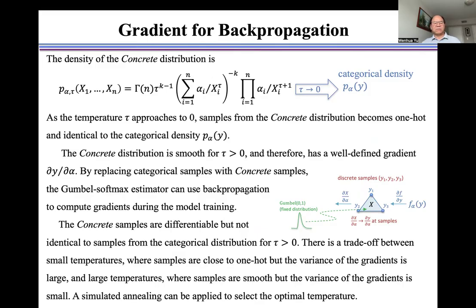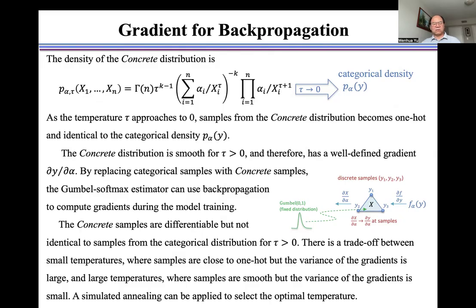By replacing categorical samples with concrete samples, the Gumbel-softmax estimator can use backpropagation to compute gradients during the model training, as shown here. The concrete samples are differentiable, but not identical to samples from the categorical distribution for tau larger than 0.